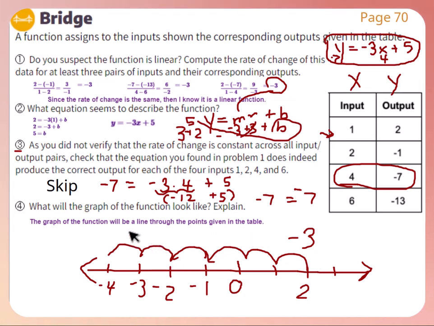You could also say something like this graph goes through the y-axis at 5, and it has a slope of -3. So it's going to slant to the left. Something that you've learned so far to describe what the function looks like. So there could be a variety of answers.